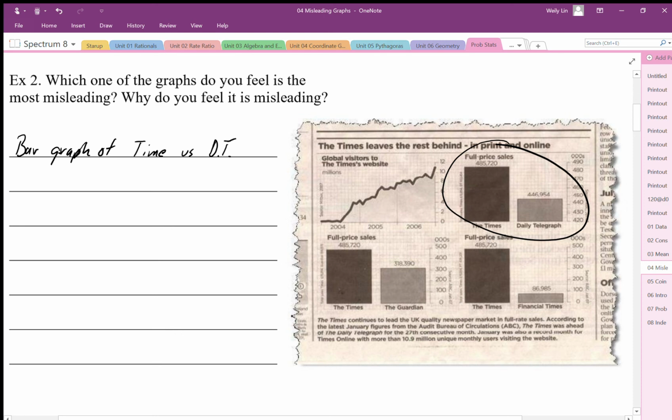And because the y-axis scale is different, this is to accentuate the differences.